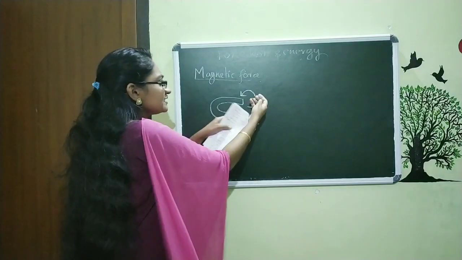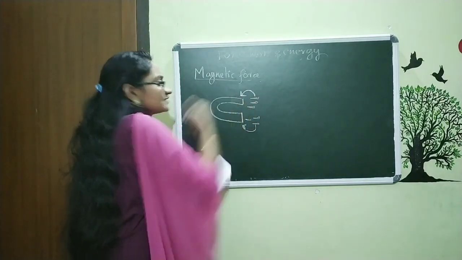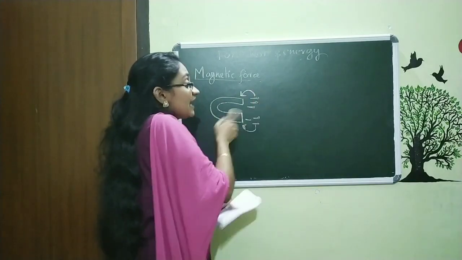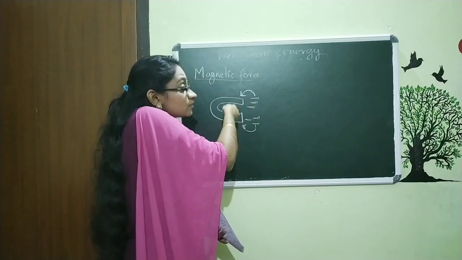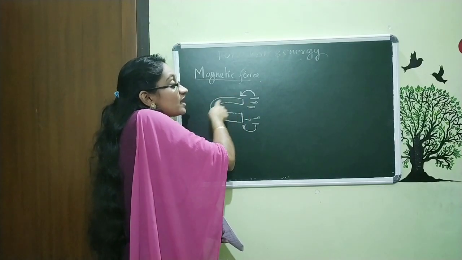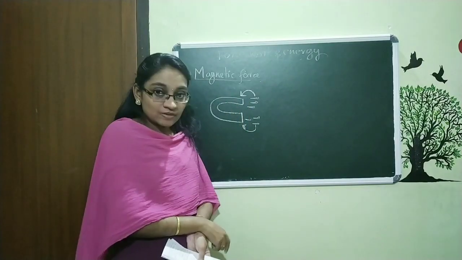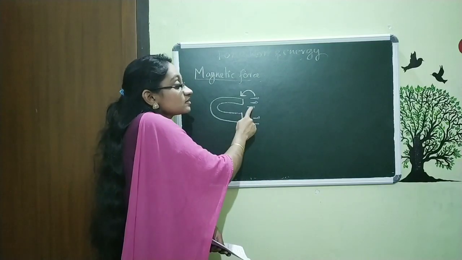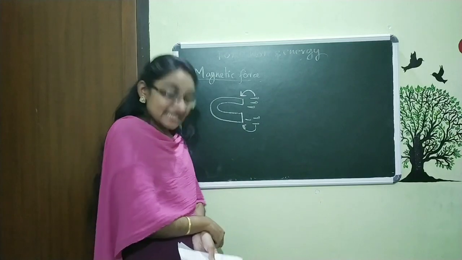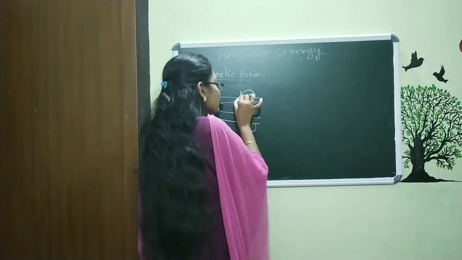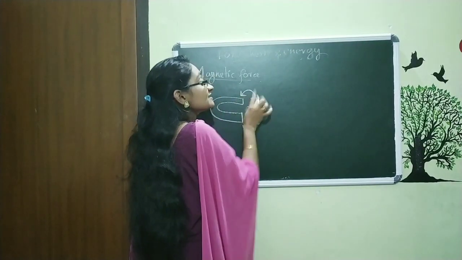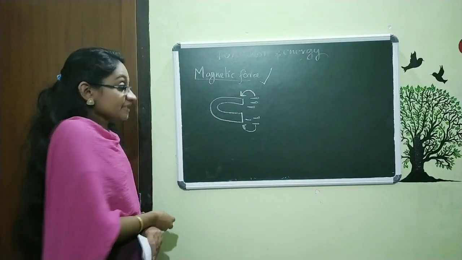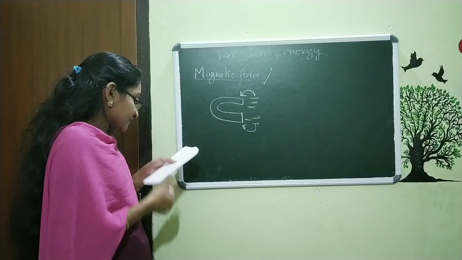Here I am not pushing these iron nails towards the magnet. I am just placing the nails somewhere and they are moving, attracted towards this magnet. So who is attracting or moving these nails? That is done by the magnet, and the force acting between the magnet and the nail is magnetic force.